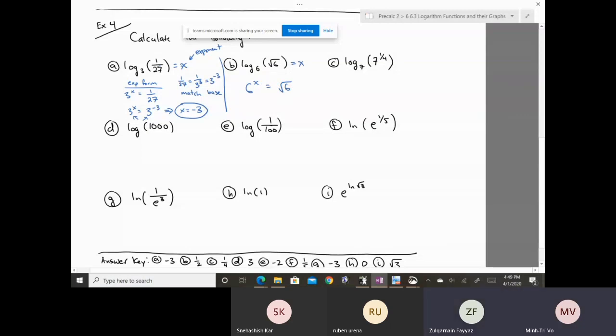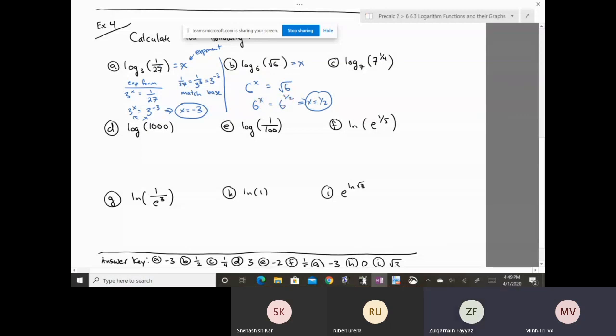Now I want to match the base. How can I write the square root of 6 as a power of 6? You have to remember that square root is the same thing as a 1/2 power. So now the bases are the same, which means this and this have to be the same. So x has to be 1/2.